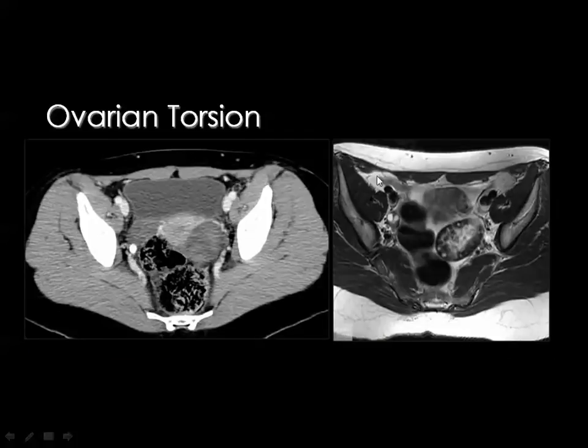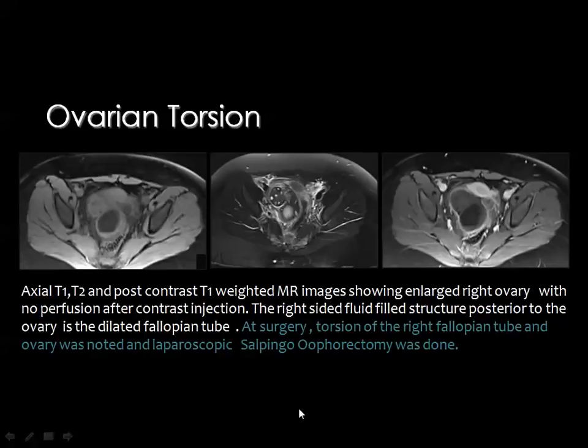Then this is ovarian torsion by CT and by MRI T2 weighted image. And you know that because of the edema and the ischemia, you get swelling of the ovary itself. And if you inject the contrast medium, you will see no enhancement because of the compromise of the blood supply.